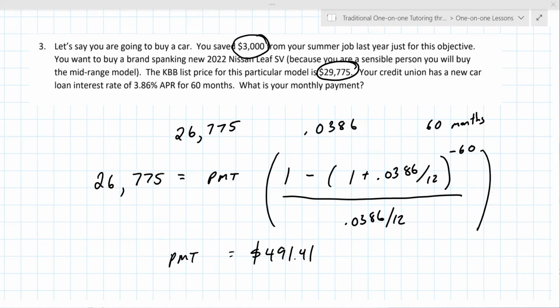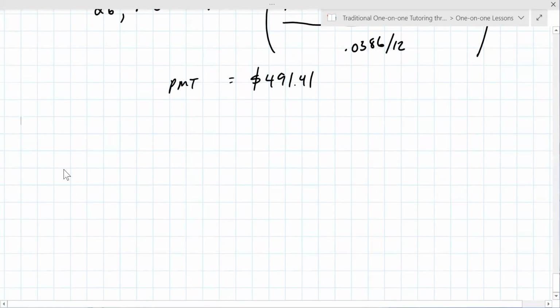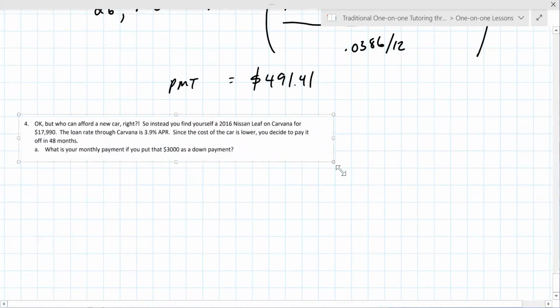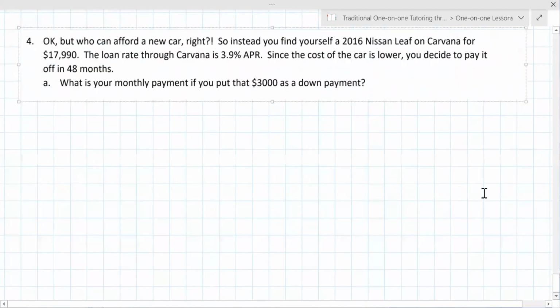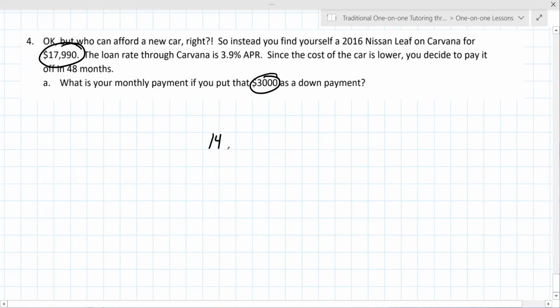So this is another car payment question. So it says this one instead that you still have the $3,000, but you're buying a $17,990 car. There's also taxes when you buy cars.